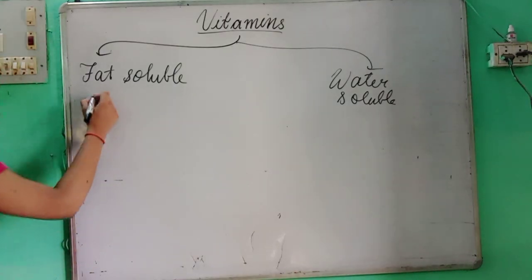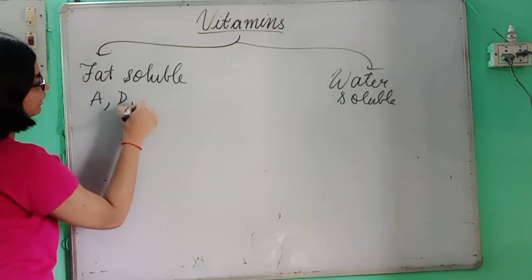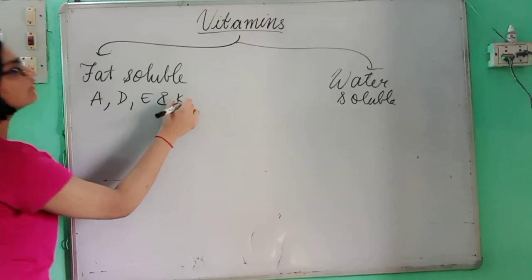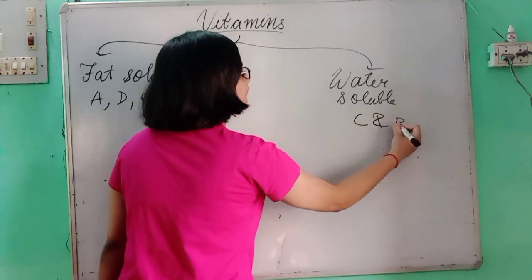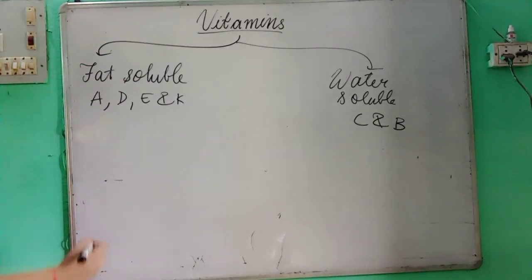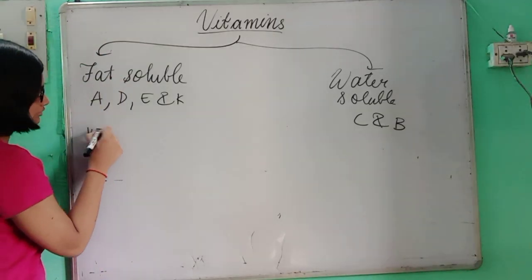Now, fat soluble vitamins are A, D, E, and K, whereas water soluble vitamins are C and B. Vitamin H is neither fat soluble nor water soluble.